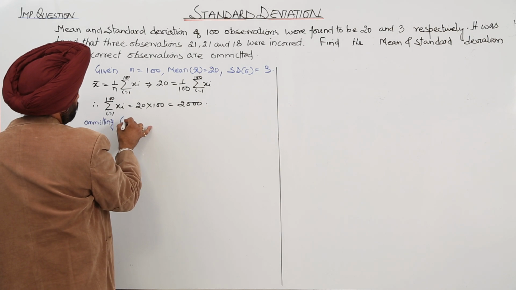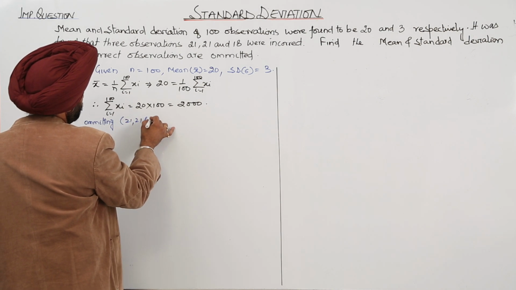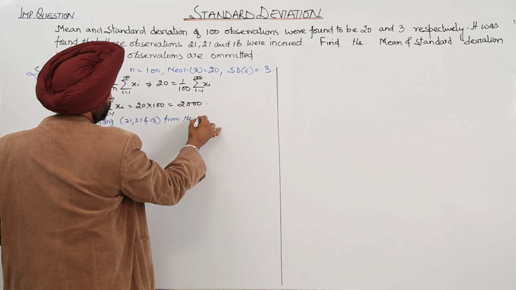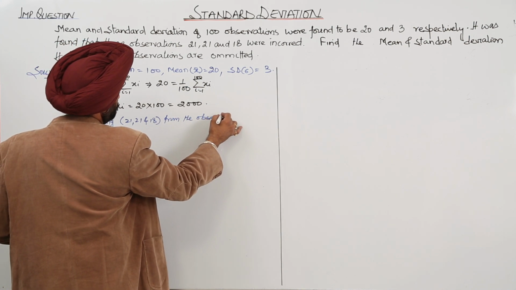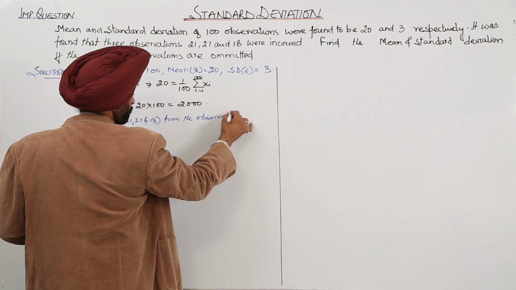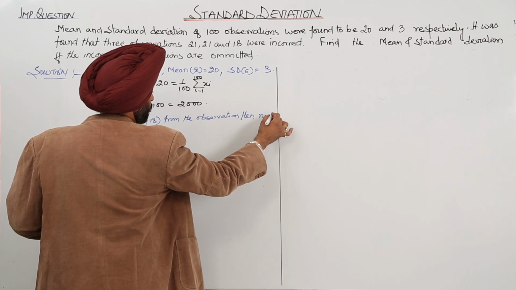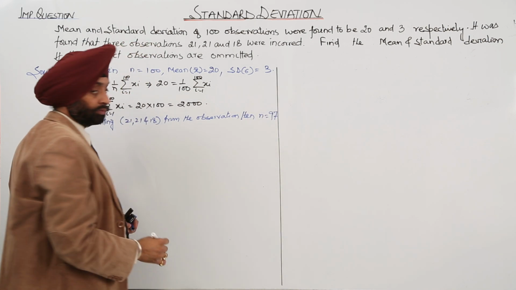Now, omitting 21, 21 and 18 from the observations, then n is what? n is 97.